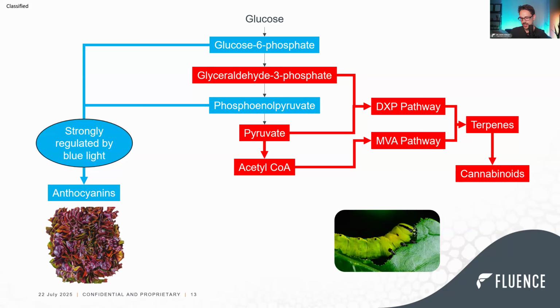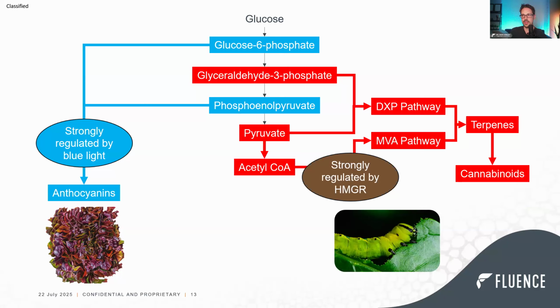Specifically, there is an enzyme called chalcone synthase that is the gatekeeper of this process, and the activity of that enzyme is more or less directly regulated by blue and cryptochrome, the blue light receptors. On the right, this pathway, particularly the mevalonate pathway, is very strongly regulated by an enzyme called HMG-CoA reductase, right?